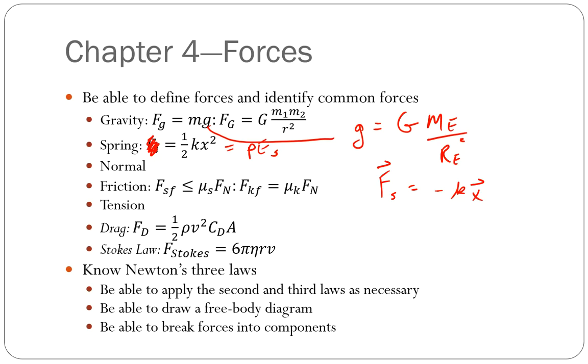Okay, so make sure you can apply Newton's second law. Why do we make a free body diagram? The free body diagram is actually to help us in applying Newton's second law. Remember, a free body diagram is where you draw all the forces acting on the object you're interested in.